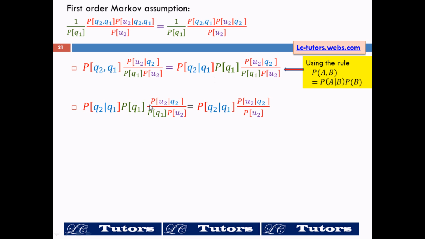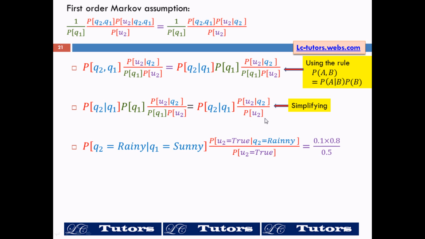P(Q1) will go off, and we have this simple expression now. Once you substitute P(Q2, Q1) with this expression, we have P(Q2 given Q1), and P(Q1) cancels off, times P(U2 given Q2) divided by P(U2). Okay, so this is our simplification.